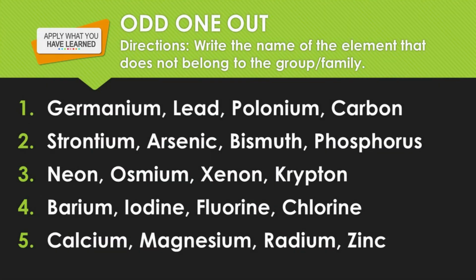Apply what you have learned. Odd one out. Directions. Write the name of the element that does not belong to the group or family. 1. Germanium, lead, polonium, carbon. 2. Strontium, arsenic, bismuth, phosphorus. 3.